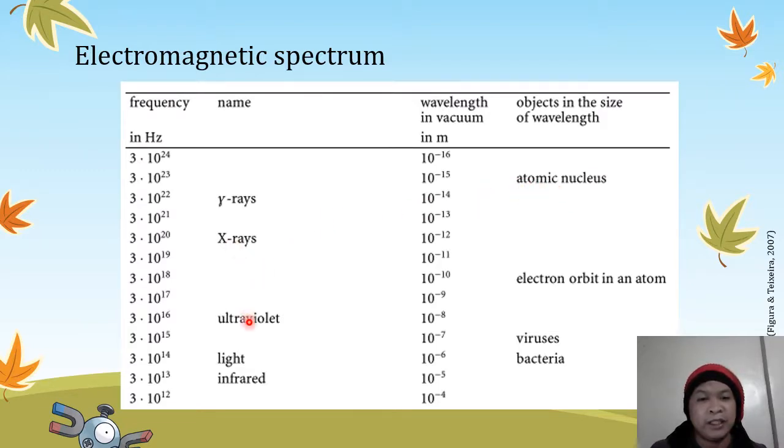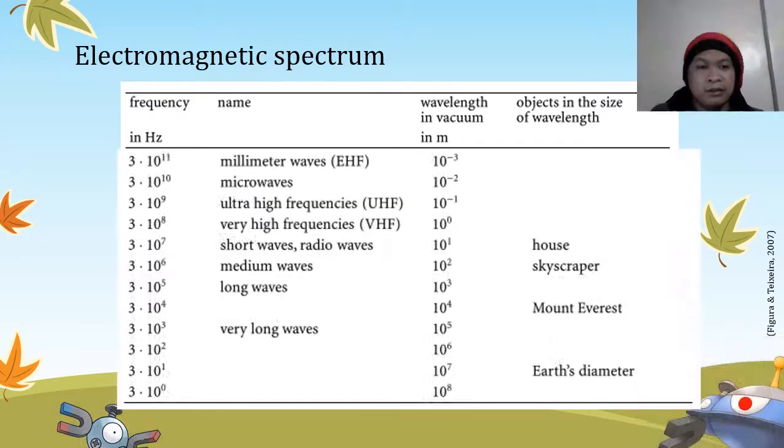Between X-rays and UV rays, the wavelengths are around the size of the electron orbit in an atom. We know, of course, that the size of the wavelength definitely affects what it can do. Around the size of UV, IR, and visible light, the wavelength is around the size of viruses and bacterial cells.